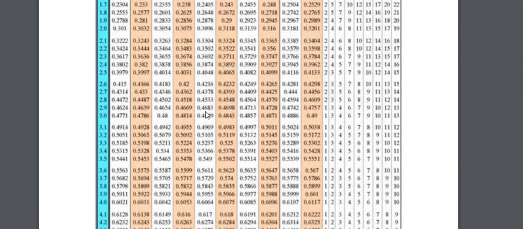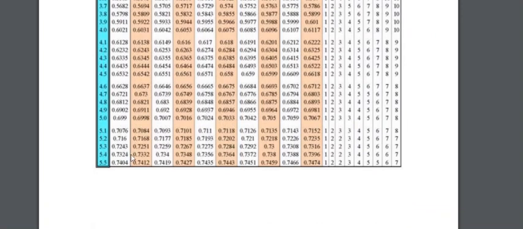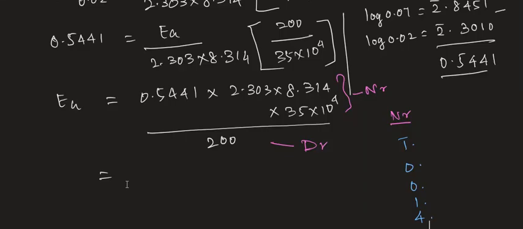So 5441 gives 7357. You have to be very careful. 7357.